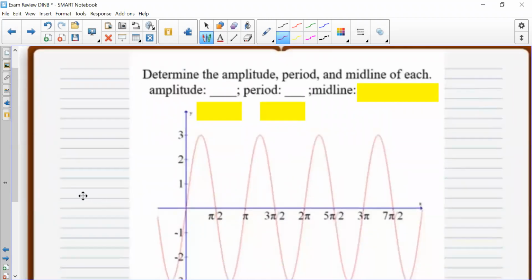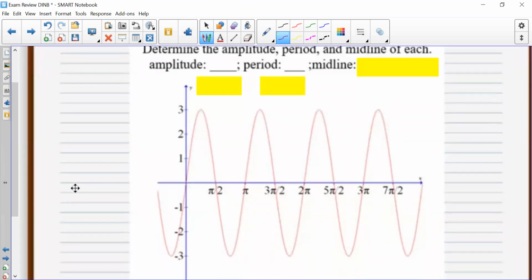All right, next we're looking at a graph. It says determine the amplitude, period, and midline of this graph. So let's first remember that midline is going to be the number that's in the middle of the max and the min. So if I look at this graph, this is all looking at the y's, looking at vertical.